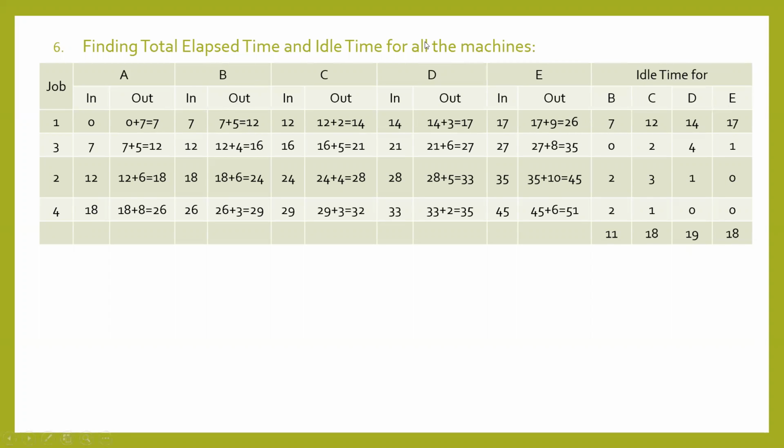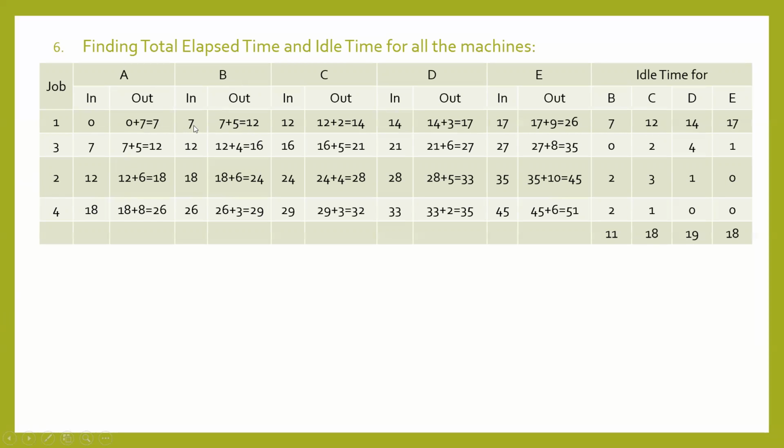Now look at the first job. The in for the first job on machine A will be 0. The processing time for job number 1 on machine A is given as 7 hours. So 0 plus 7 gives me the value 7, which is the out of machine A. The out of the first machine will be the in for the second machine.